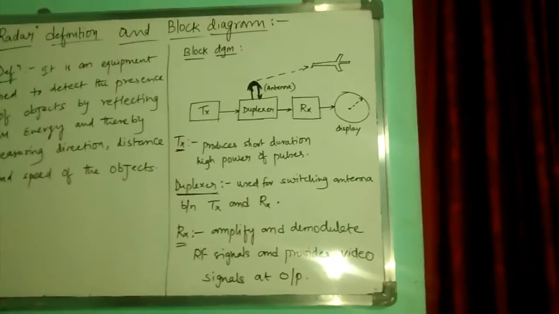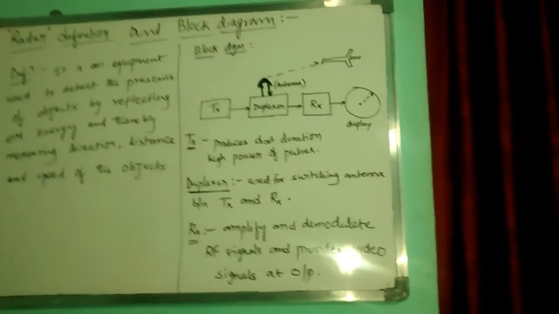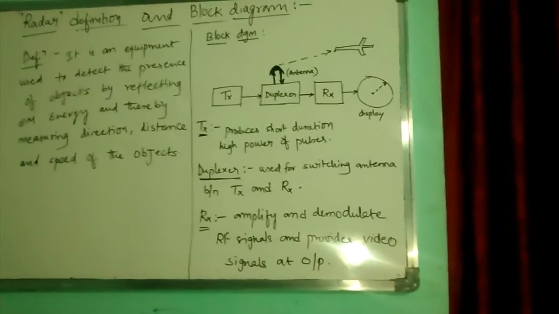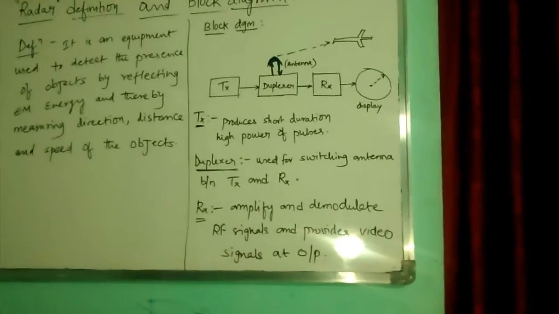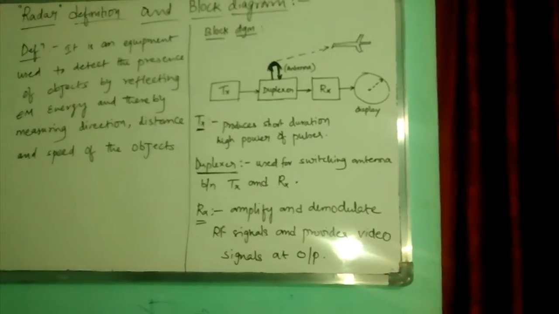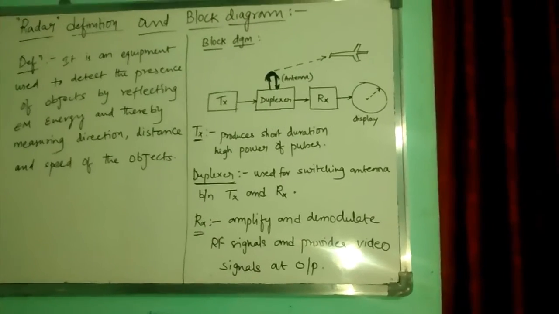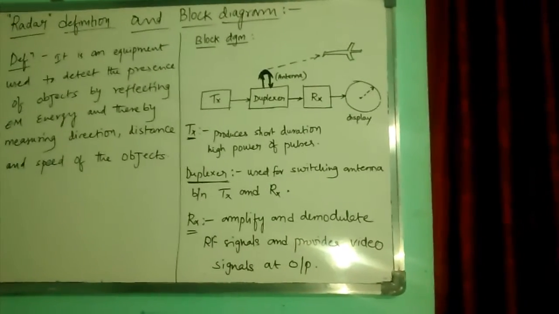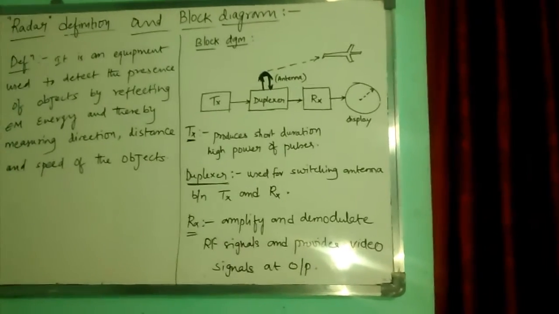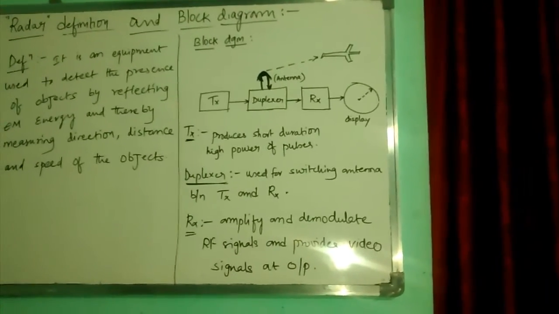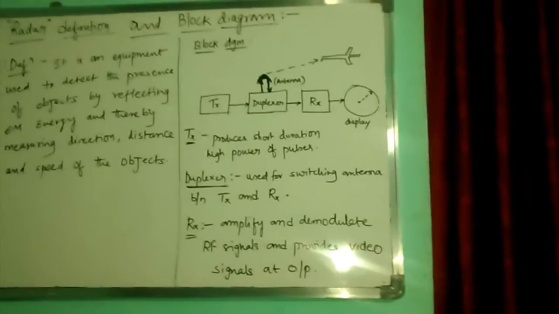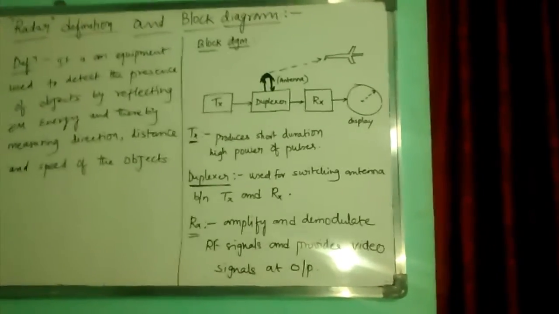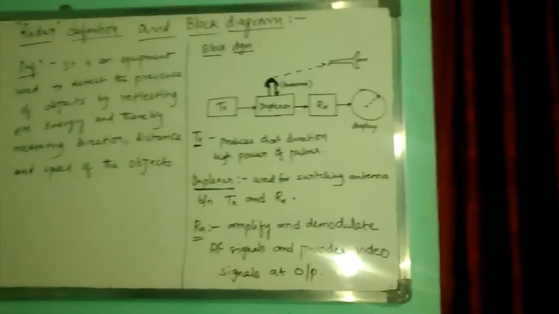Another most important property of the duplexer is that it avoids high power pulses of the transmitter going into the receiver, thereby destroying the receiver. It only allows one at a time. It only allows one antenna, either transmitter antenna or receiver antenna, to activate, and it deactivates the other antenna.